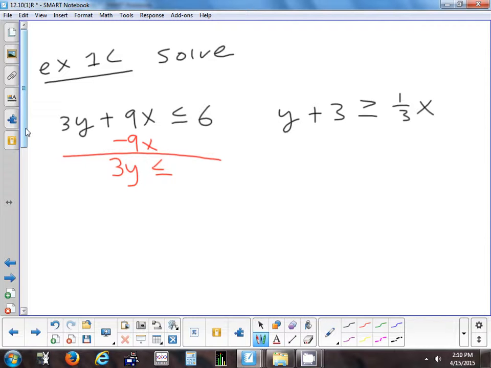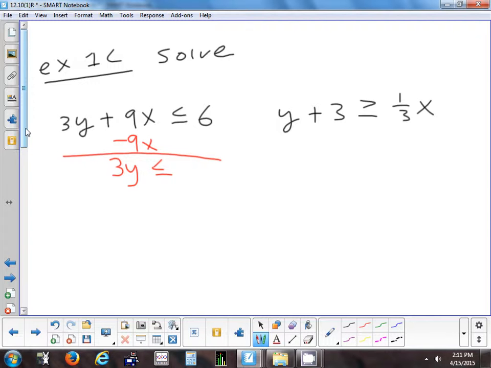Justin, what goes after the inequality sign? Remember, what's the form it's going to be? It's going to be y, sign. It has to come after the sign. All right, Isaiah, you know? 6.